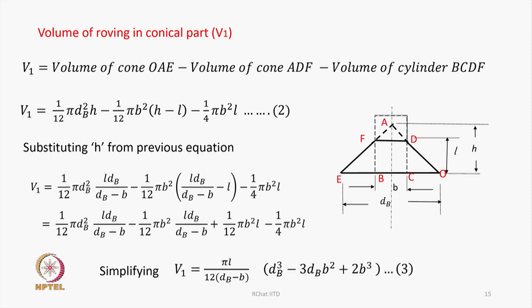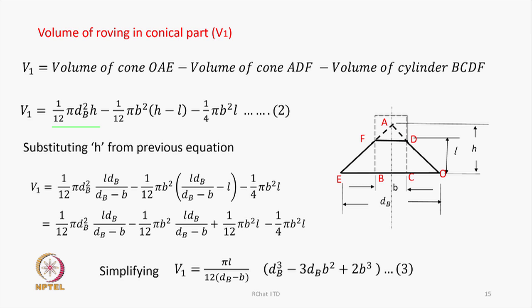So, the volume of the cone OAE is the standard formula 1 upon 12 pi d_B square into h, where h is the height of the cone and d_B is the width of the base. So, for this bigger cone, the volume is 1 upon 12 pi d_B square into h.